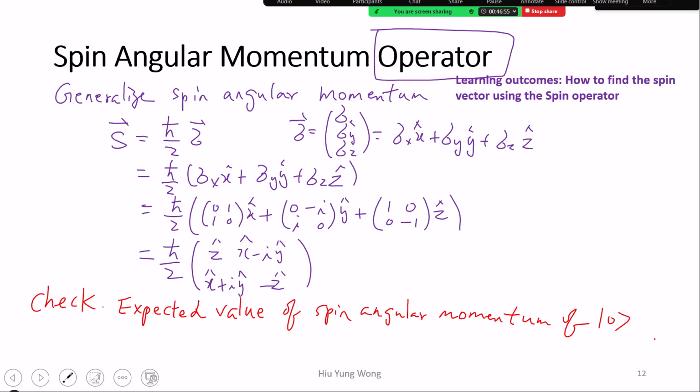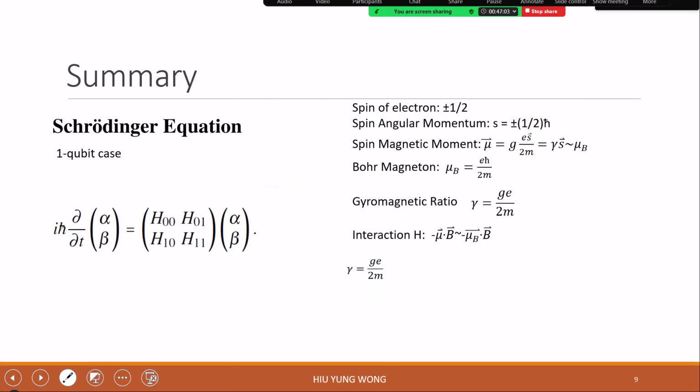We have said that for spin up, you have angular momentum pointing up. But do you remember what is the value of angular momentum? The spin of electron is plus minus half. Their angular momentum is plus minus half h bar. So now what is the expectation value of the angular momentum of spin up of 0?